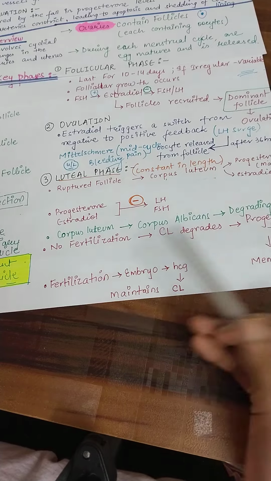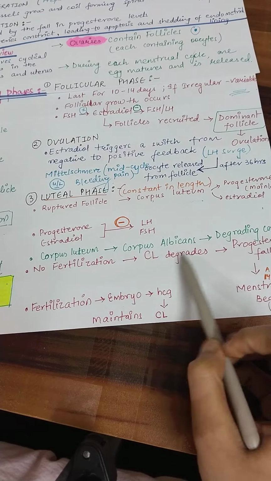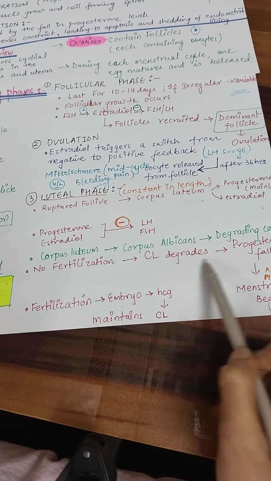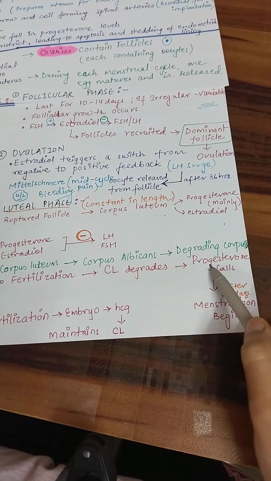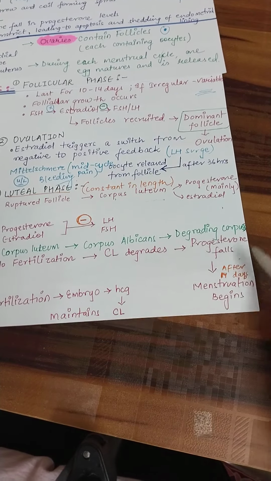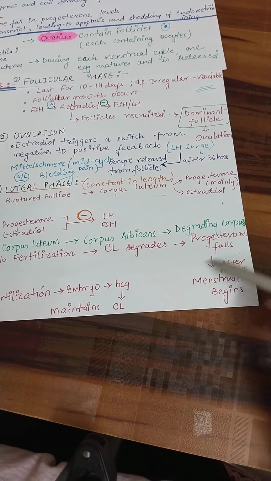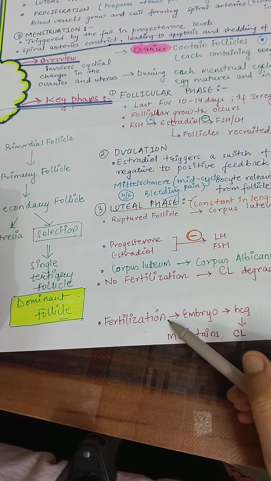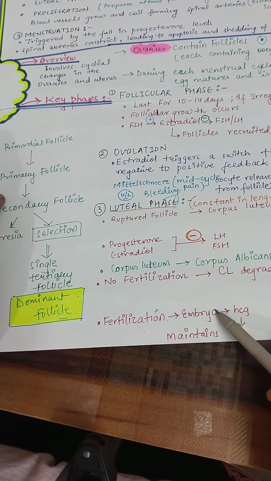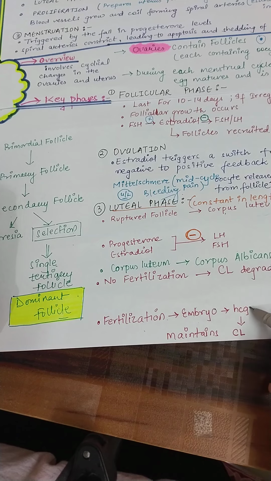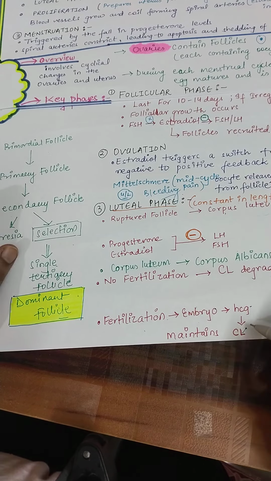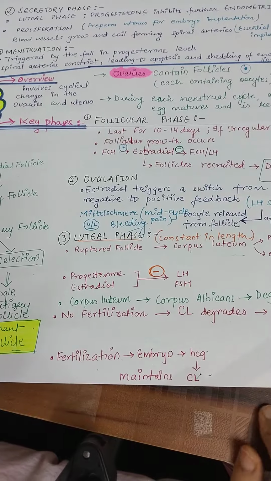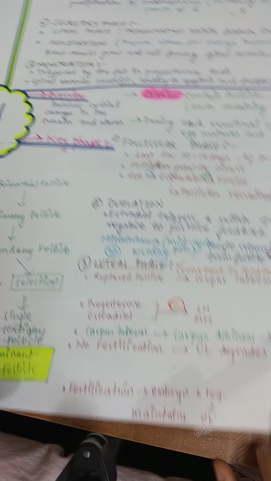If no fertilization occurs, then the corpus luteum degradation will start. After that, progesterone will fall, and 14 days after that, menstruation will begin. While if fertilization occurs, it will lead to the formation of an embryo, which will release HCG and maintain the corpus luteum of pregnancy. This is about the ovarian cycle.